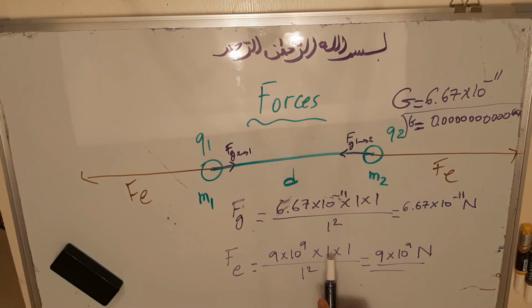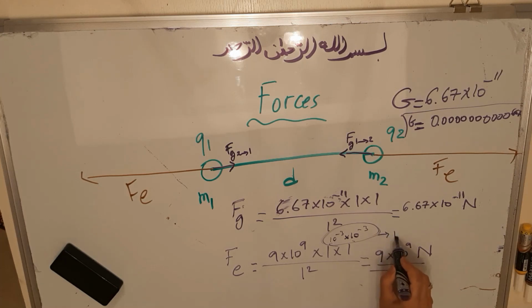But usually, I told you, you're not going to find any coulombs running around. Even if you put a millicoulomb here and a millicoulomb here, so let's say 10 to the power negative 3 times 10 to the power negative 3, this is going to give me 10 to the power negative 6, but still with the 10 to the power 9, it's going to give me 10 to the power of 3, and that is 9 kilonewton.